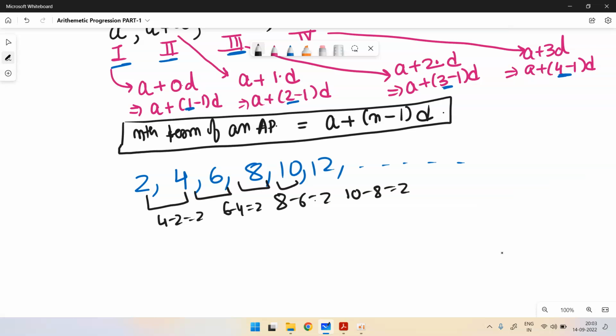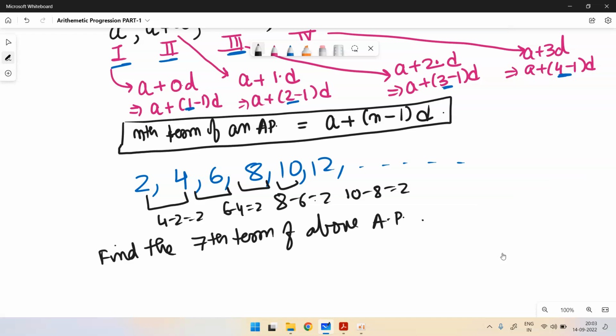In the paper, if it is given that this is an AP, you must not verify this. If it is an AP, it is assumed that the difference between two consecutive terms is always constant. So, assuming this is my AP, suppose the question says find the seventh term of the above arithmetic progression.